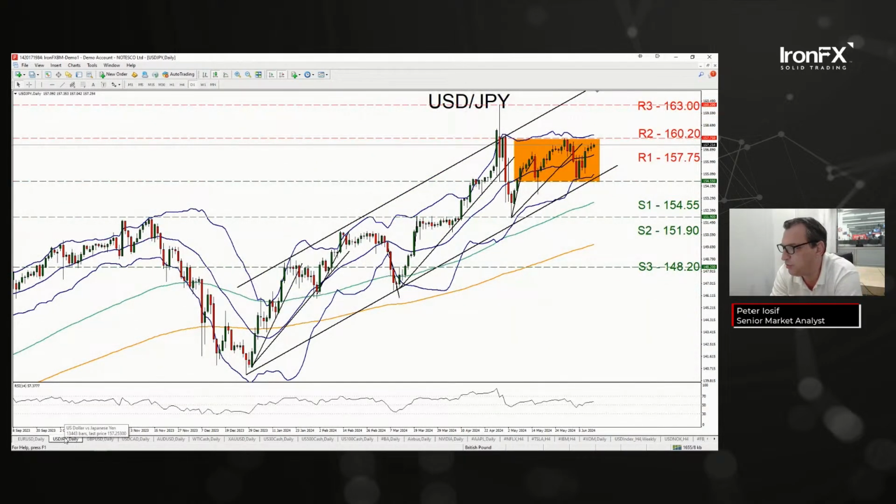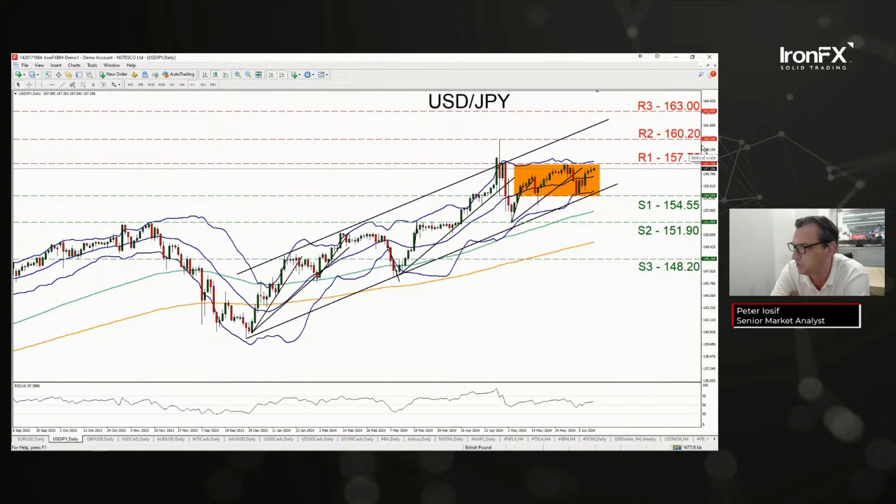USD/JPY tends to edge higher. You can see 1, 2, 3 small green candlesticks. On the other hand, we can see how the pair remains shy of the 157.75 resistance line. That's the R1. So we tend to maintain a bias for the sideways movement to continue. But allow me to clear the chart from any prior trend lines.